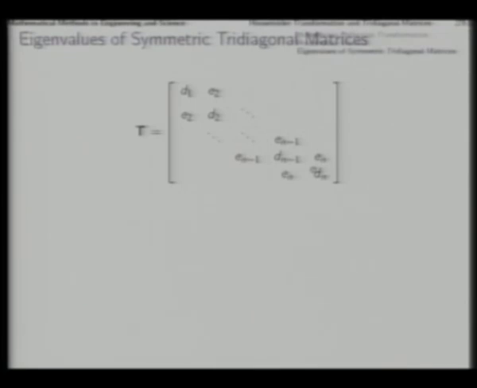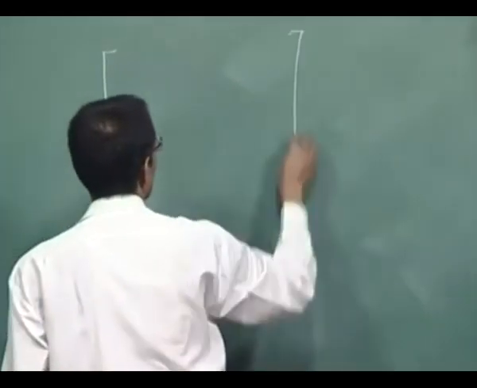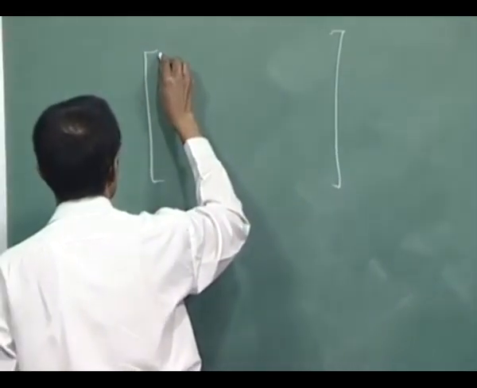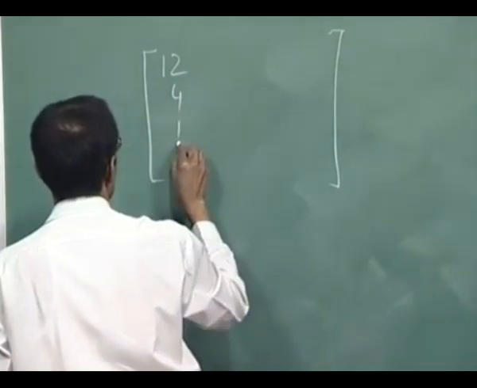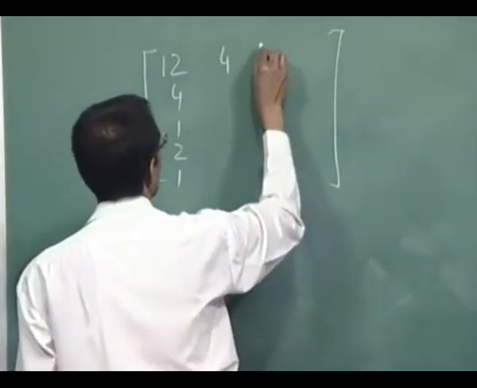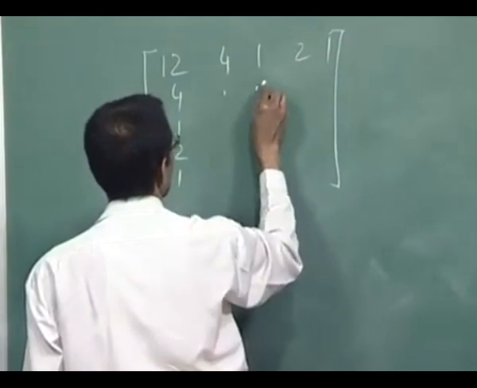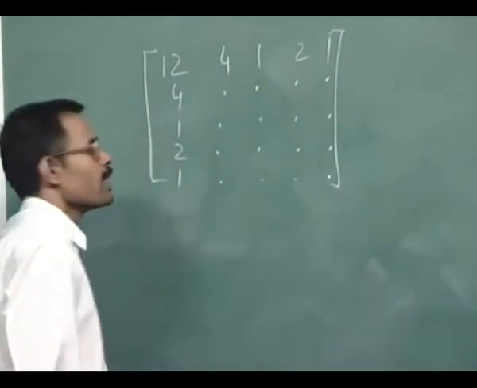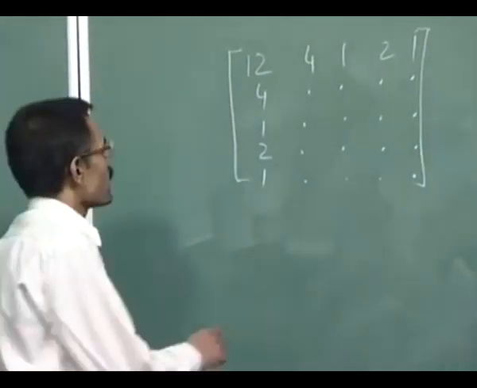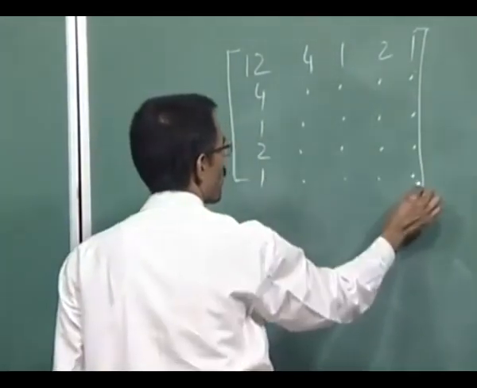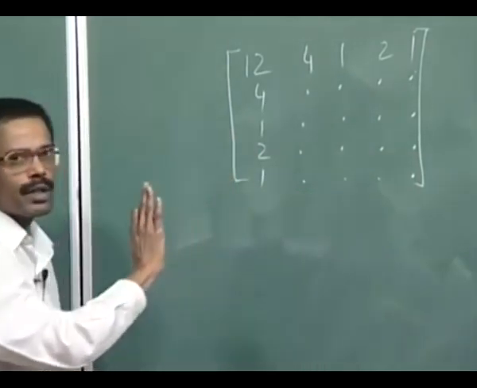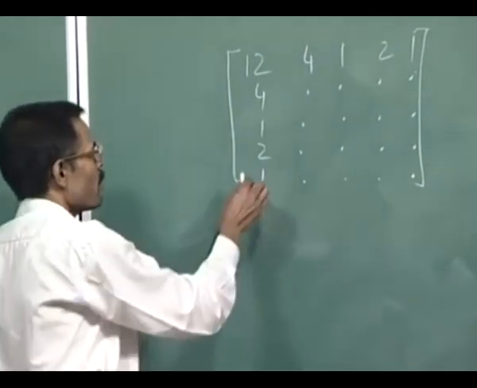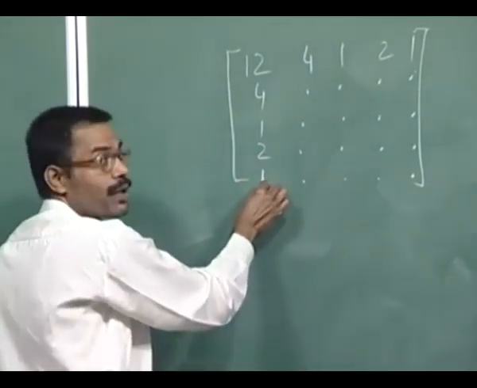Let us see a quick example. This is a 5 by 5 matrix. Now, this part is what we called A1 there. Now, in order to reduce it to a symmetric tridiagonal form, we would like to have first 3 zeros in these locations, right.